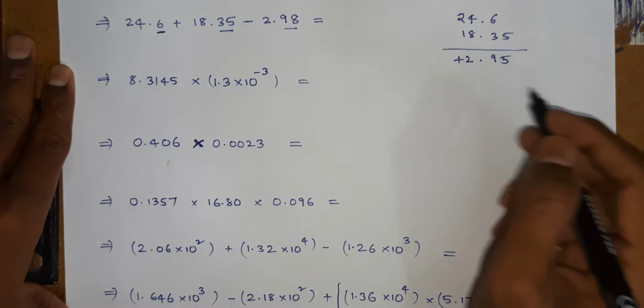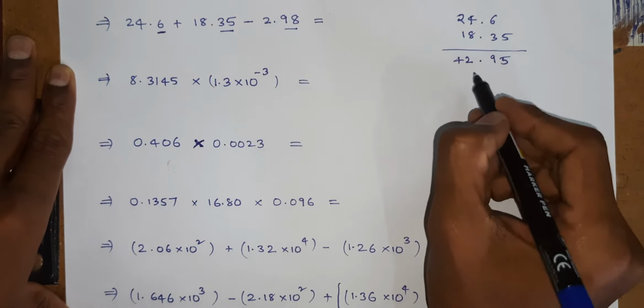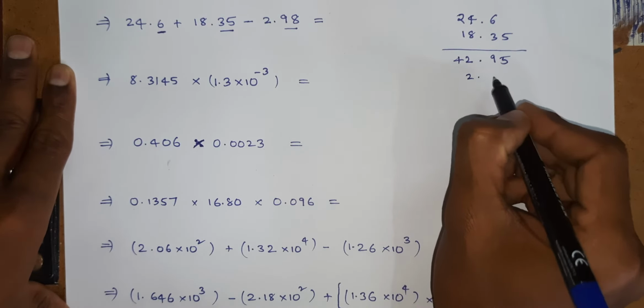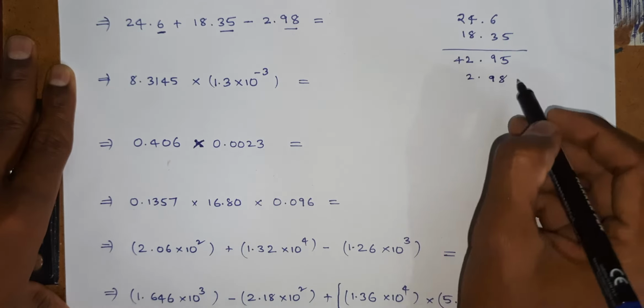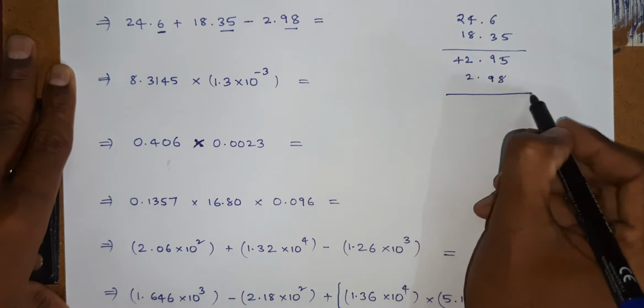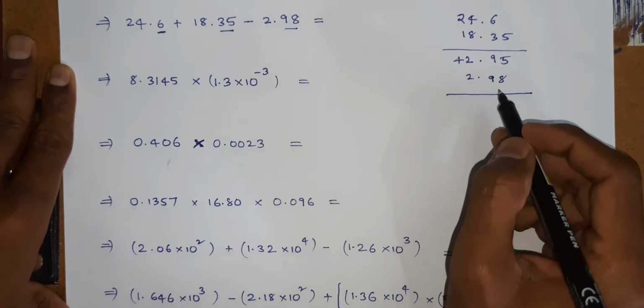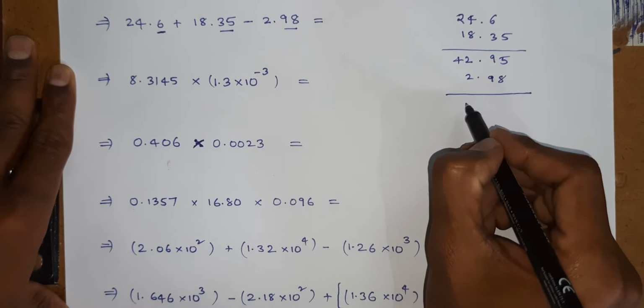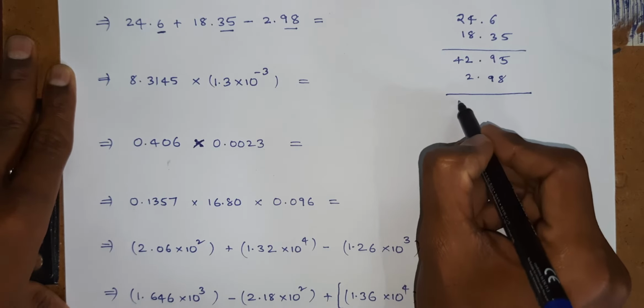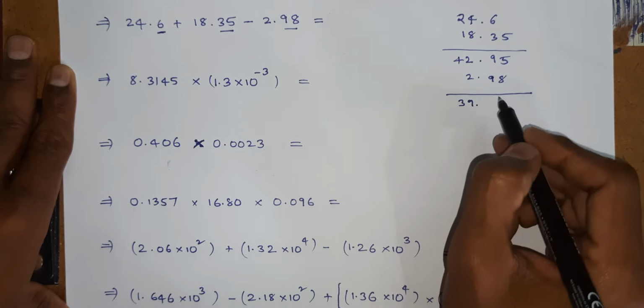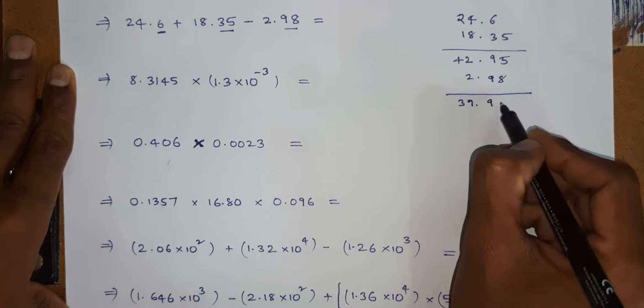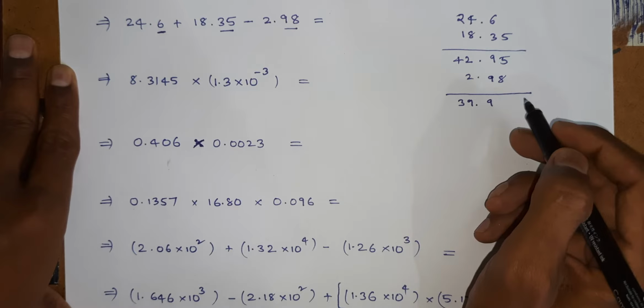Again, if you subtract 2.98 from this, finally you will get 39.97.